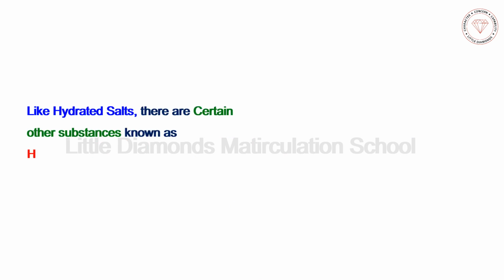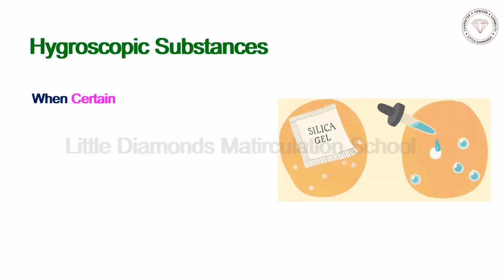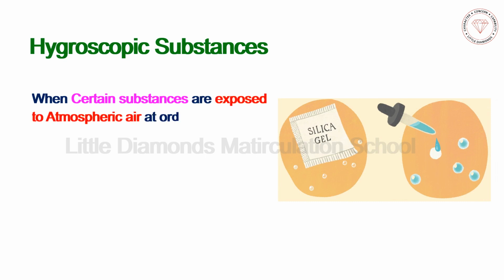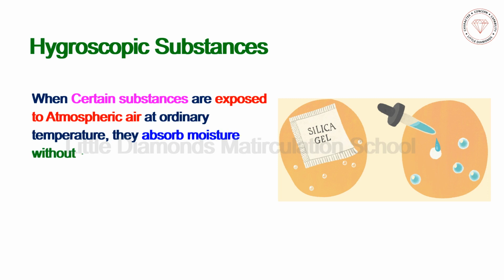Like hydrated salts, there are certain other substances known as hygroscopic substances and deliquescent substances. Let us know what they are. Hygroscopic substances. Certain substances, when exposed to atmospheric air at ordinary temperature, absorb moisture without changing their state.